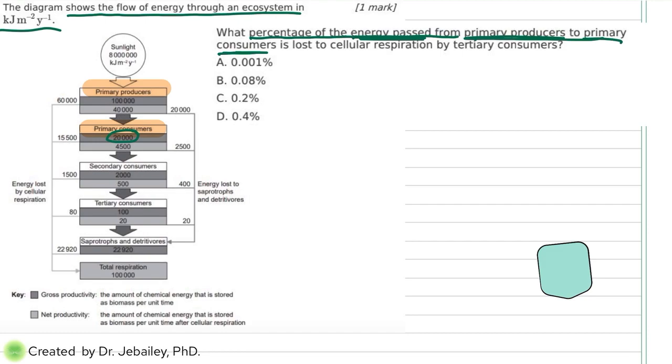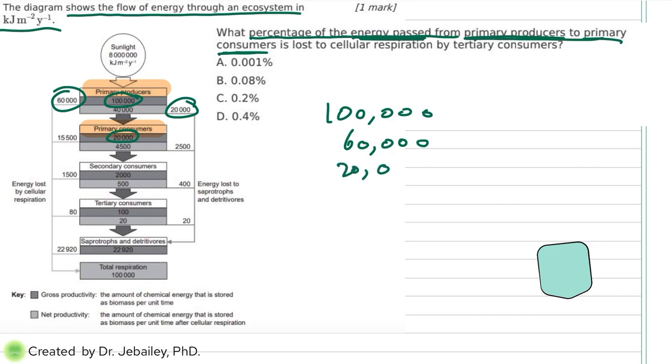Because when the producer had 100,000, 60,000 went to cellular respiration and 20,000 to the decomposers, leaving me with just 20,000, which I'm going to give to the primary consumers. Okay.